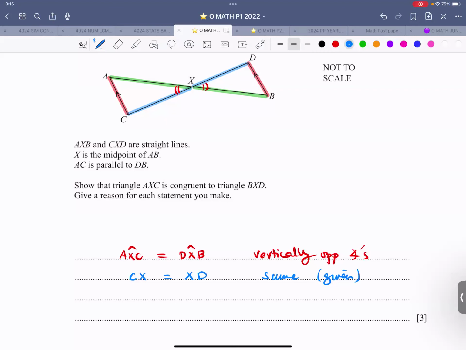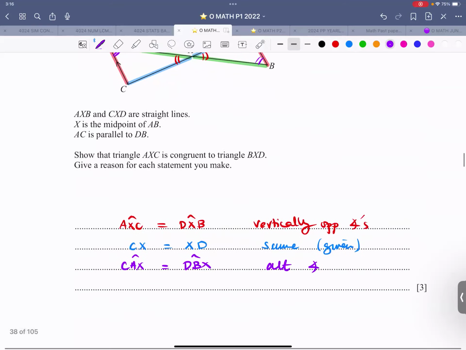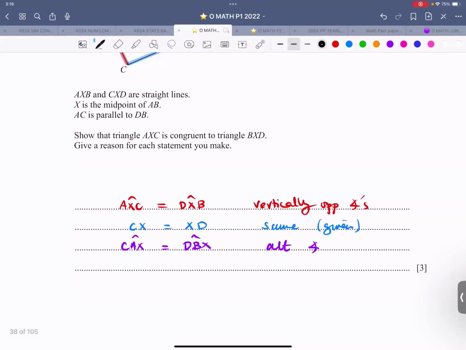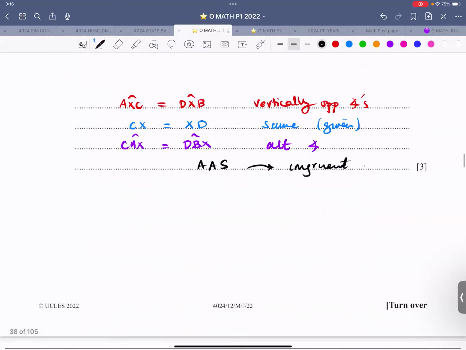The third piece of information is that this angle and this angle are the same because these are alternate angles. CAX and the other one, DBX. This is alternate angles. So we have two angles and we have one side. So based upon angle, angle, side, we will say, yes, the two triangles are congruent. So that's how this question is done.